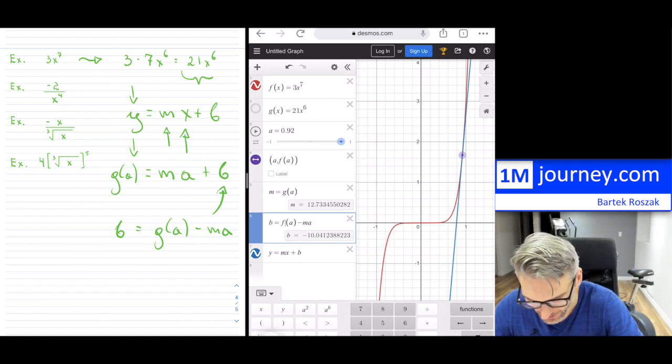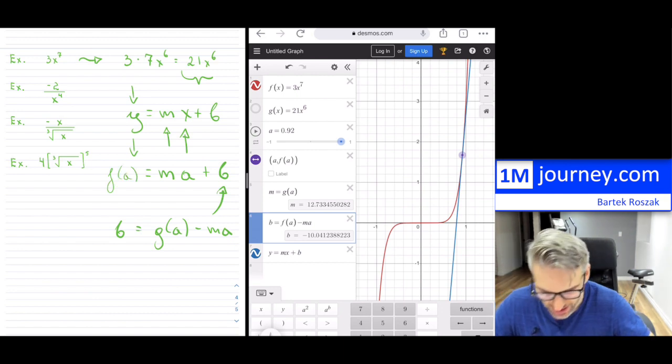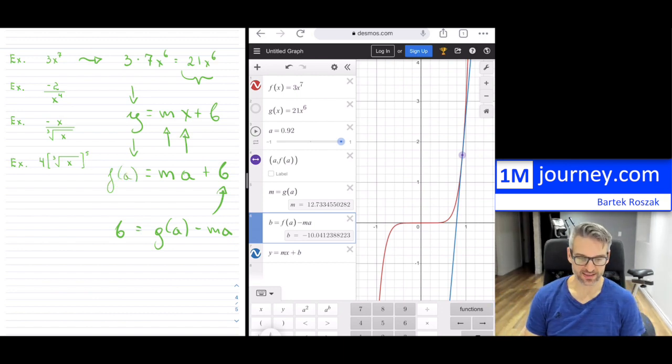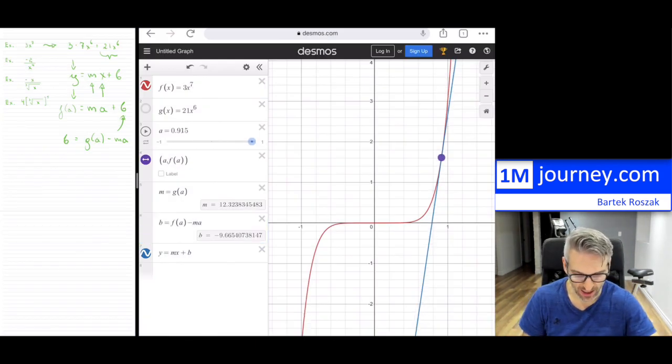I made a mistake there. This is not g(a) because we're not finding it at the slope, we're finding it at the actual function. So that's f(a). And notice now on the right-hand side on Desmos, indeed I have my tangent line, and now this is the actual slope, the tangent at any point I like.